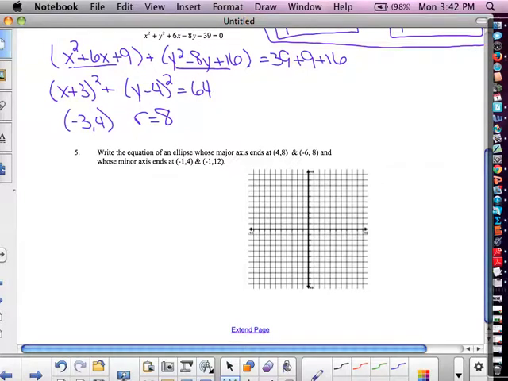Number 5 says write the equation of an ellipse whose major axis ends at 4, 8, and negative 6, 8. So plot those. So here is 4, 8, and negative 6, 8, and whose minor axis is at minus 1, 4, and minus 1, 12.